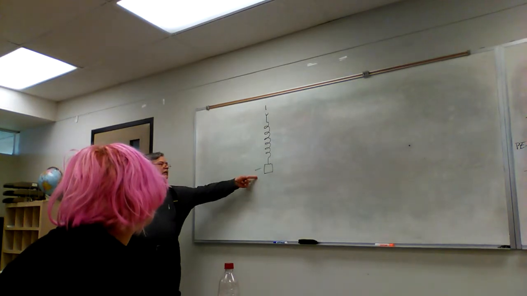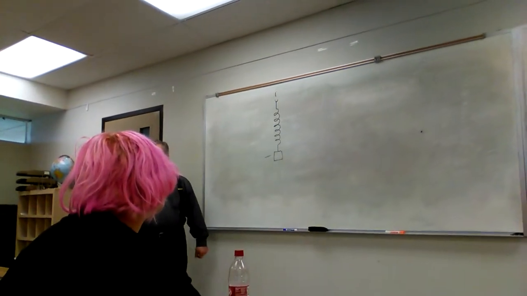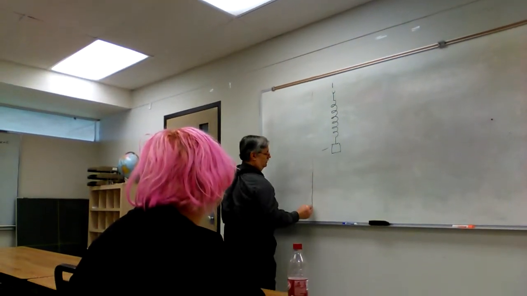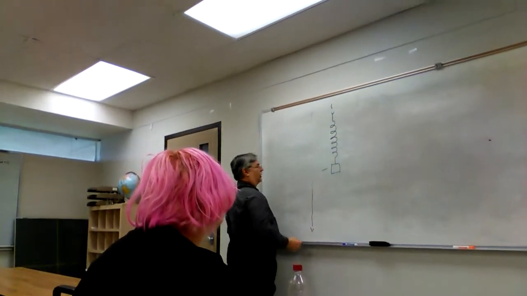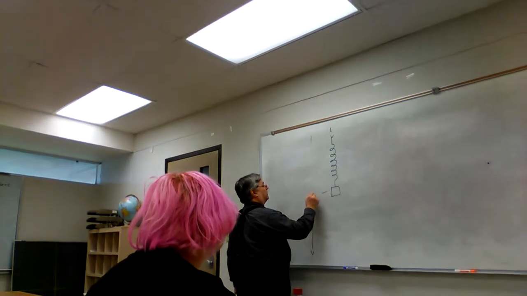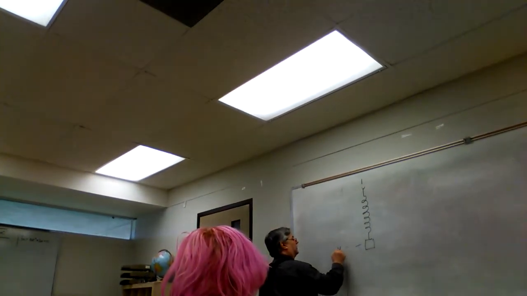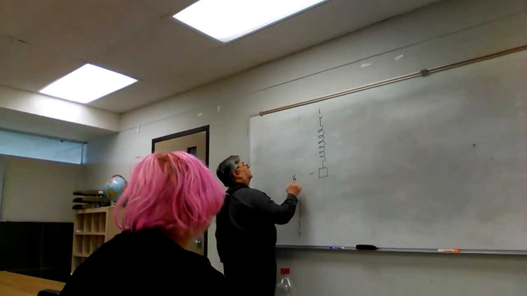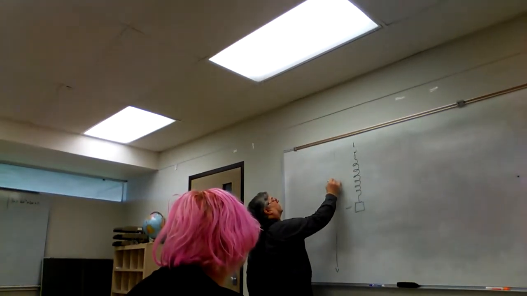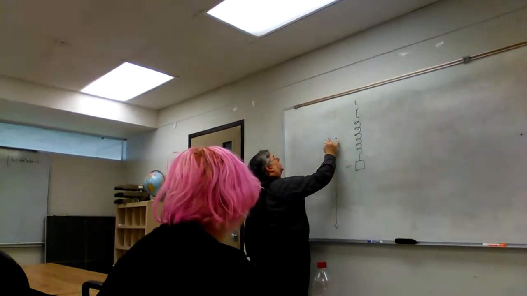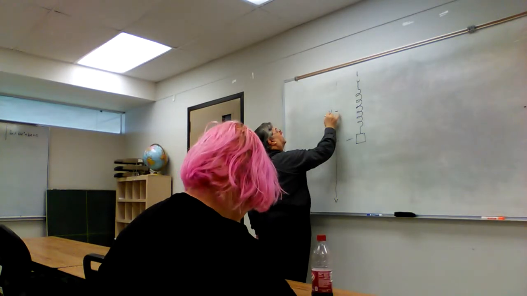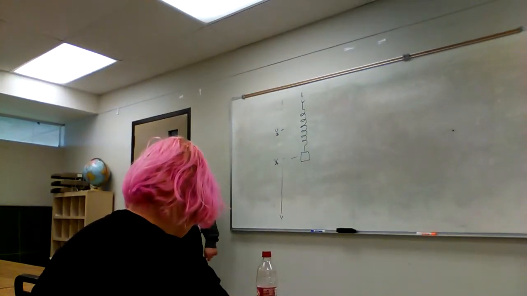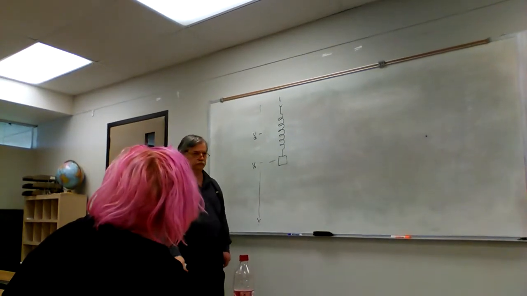How would you find this equilibrium point? We'll call it y since we're in the vertical now. There's our y naught. And let's say this is the y of where the spring would hang if it were not being stretched.